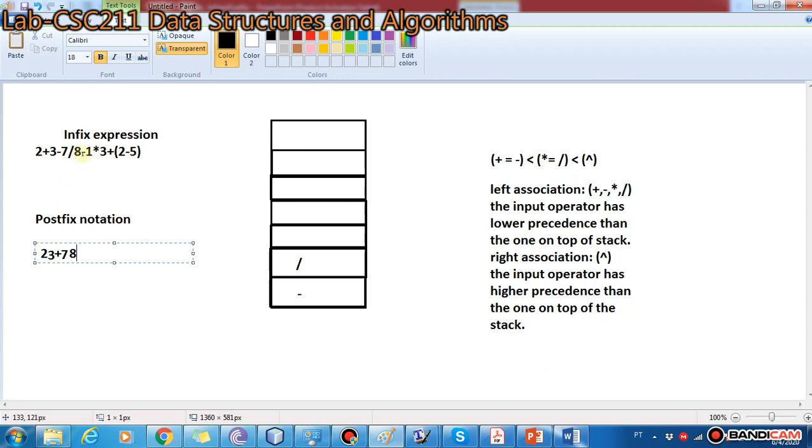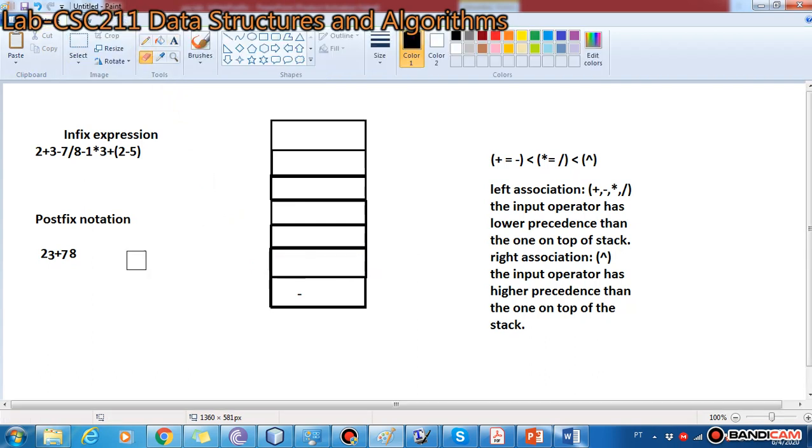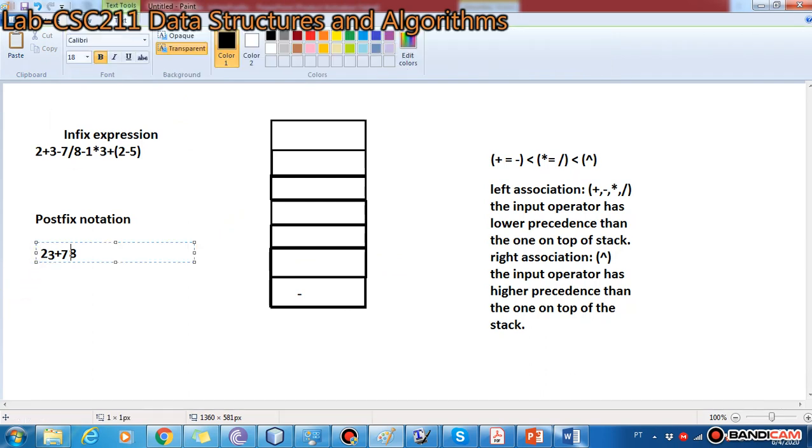Next it's minus. This minus has lower precedence than the one on the top of the stack. So whenever there is an input operator with lower precedence than the one on the top of the stack, we pop the operator from the top of the stack. In this case we will pop this division from here and attach it to our output string here, and we will push this minus symbol.